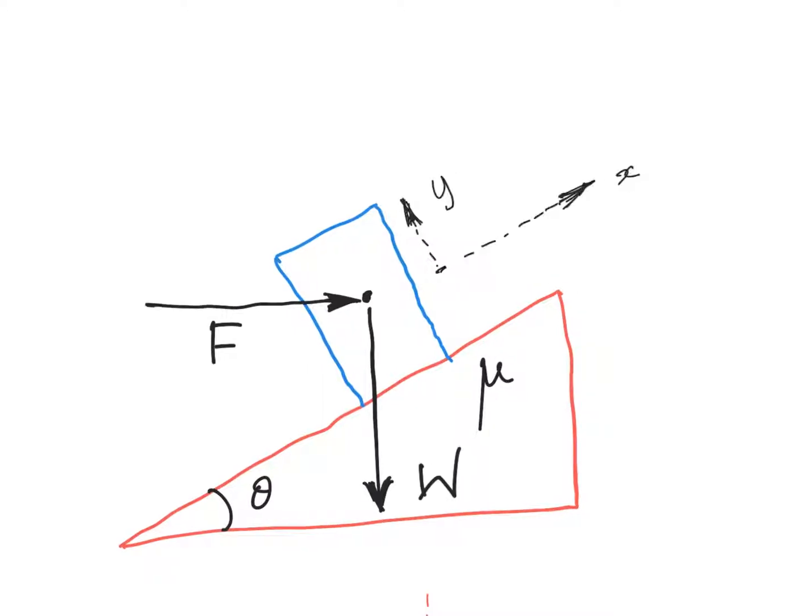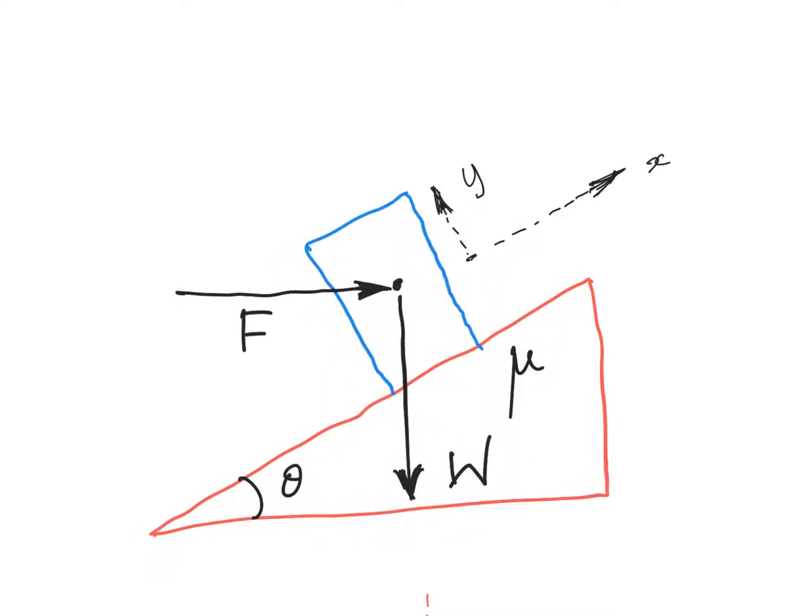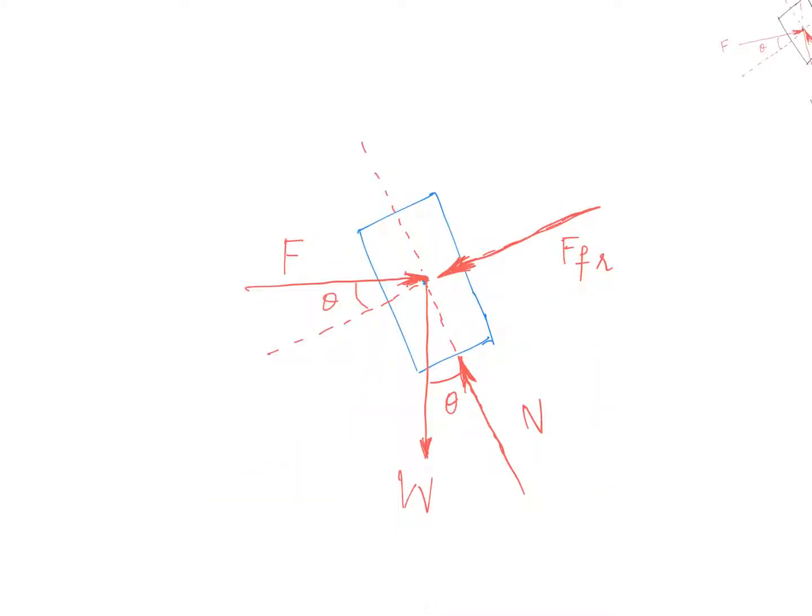So the process is pretty straightforward. You want to write equations of static equilibrium in both directions, in this x direction as well as in the y direction. I have taken my x direction in this way for ease of computation, and y is at 90 degrees, perpendicular to this x direction, as shown over here. This is how the free body diagram will look.